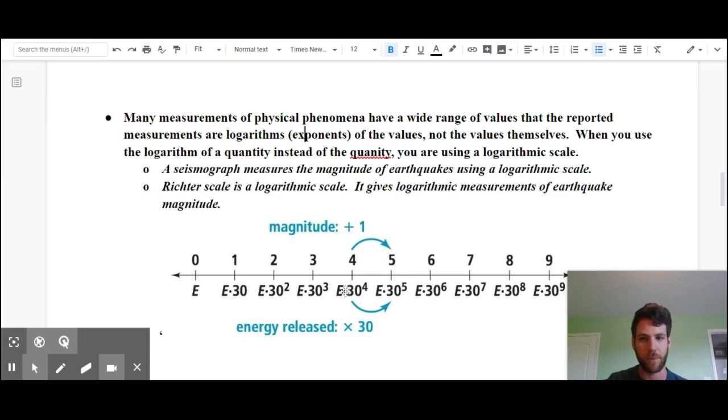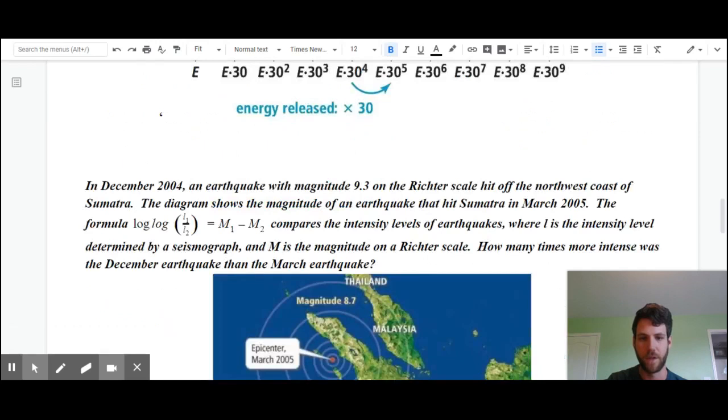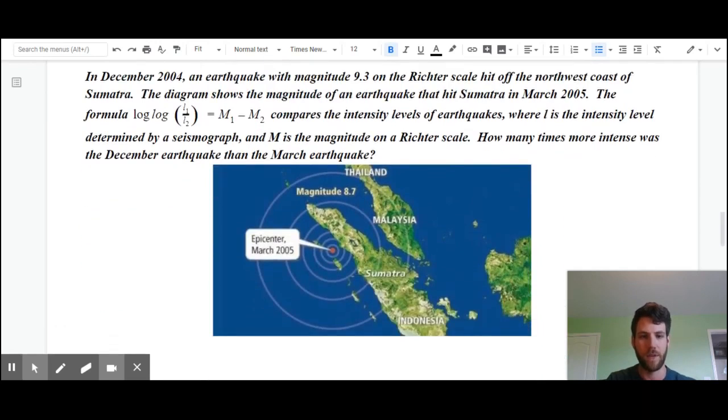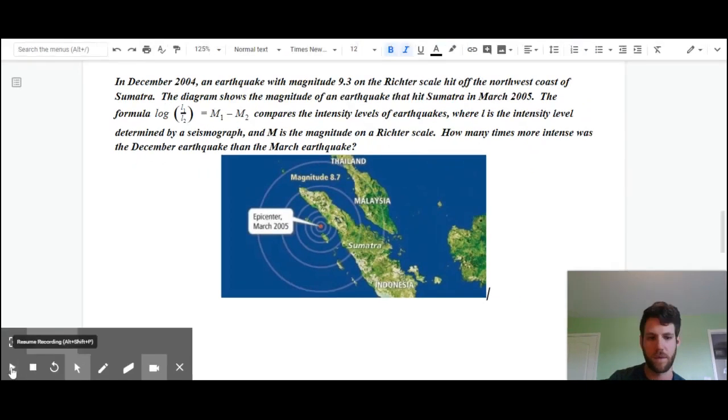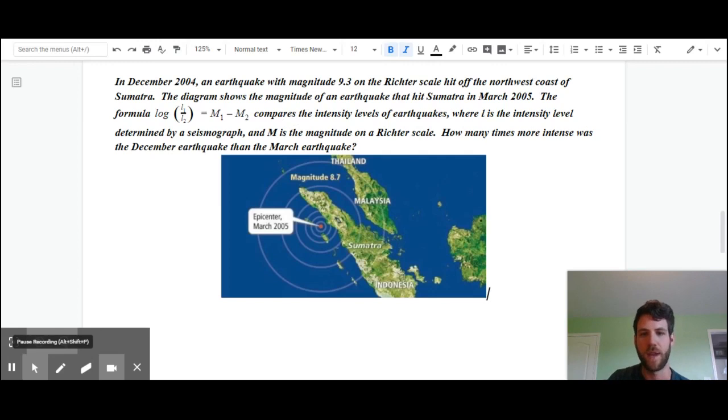So let's do a quick example problem together of this being used. In this problem, you have an earthquake that is happening in 2004 with a magnitude of 9.3 on the Richter scale. In 2004 an earthquake of magnitude 9.3 on the Richter scale hit off the northwest coast of Sumatra.